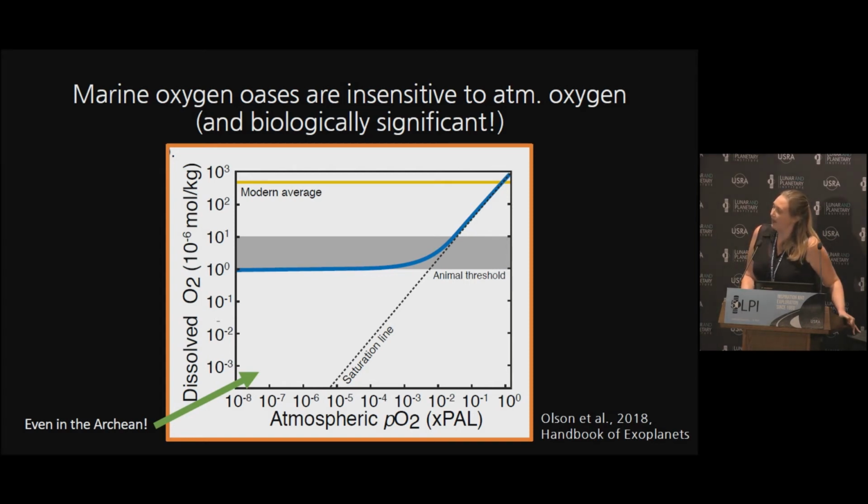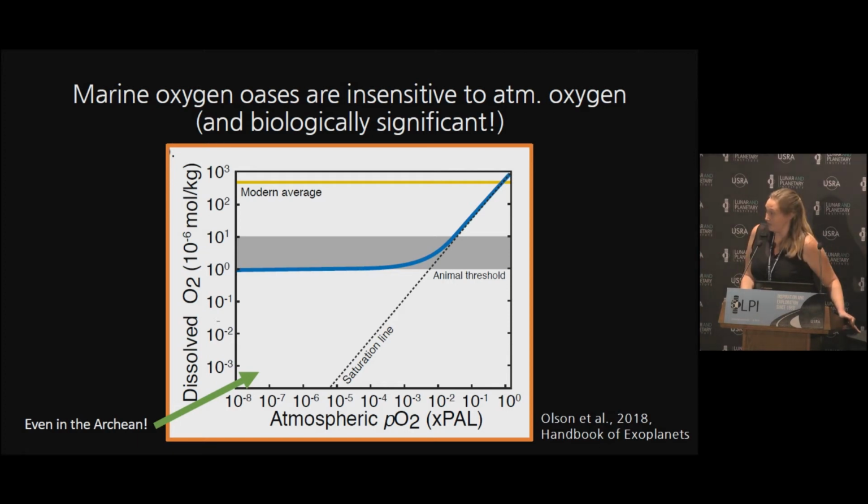For relatively high oxygen concentrations in the atmosphere, the two lines agree pretty well. So for high oxygen levels in the atmosphere, equilibrium with respect to sea-air exchange is viable. But as you decrease oxygen lower and lower to Proterozoic levels and even to Archean levels, it's local oxygen production in the ocean that is controlling oxygen concentrations, and they become totally decoupled from atmospheric oxygen levels.